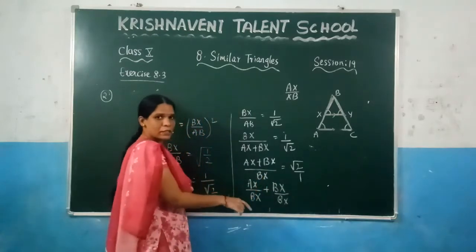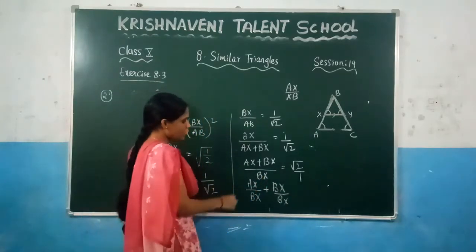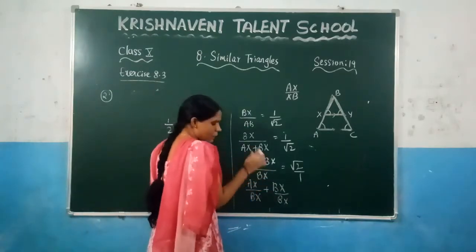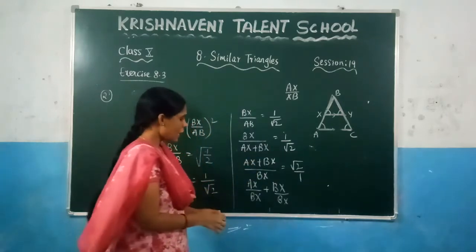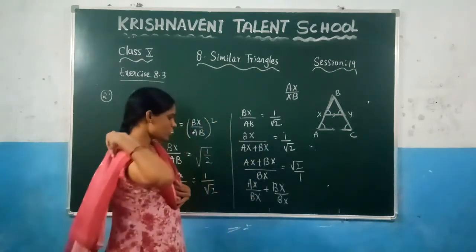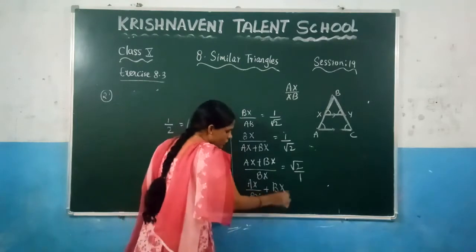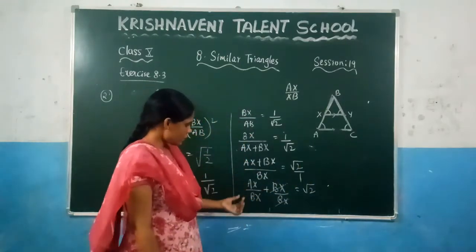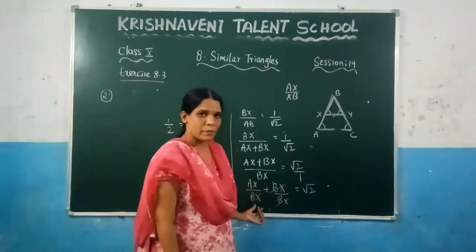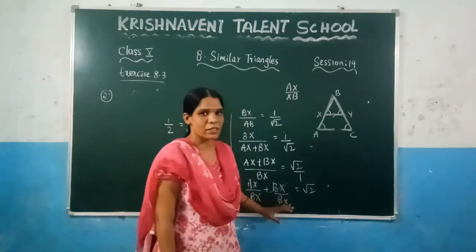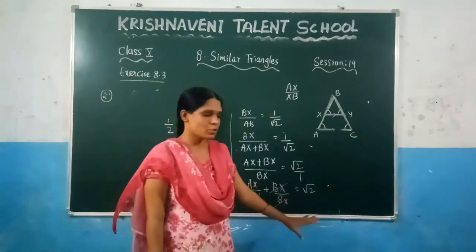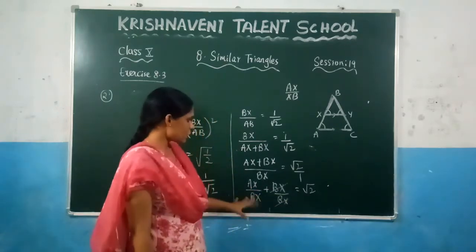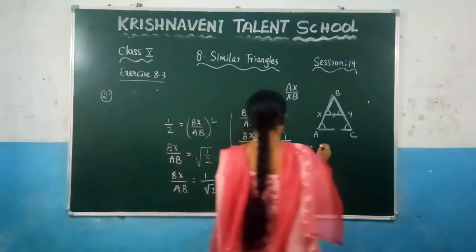Right? I have separated these two things because I need to find the ratio of Ax by Bx. For that reason I have separated these two things, so that this one will get cancelled, which is equal to root 2. Now, since we need to find the value of Ax by Bx, what is there? Plus 1 is there. If you take this plus 1 to that side, what will it become? It will become minus 1.